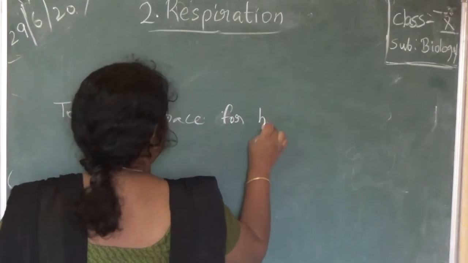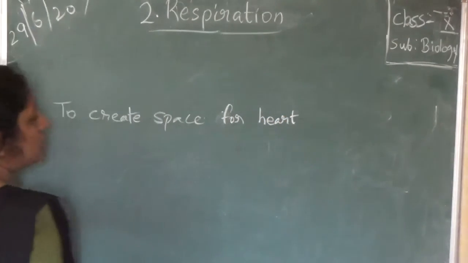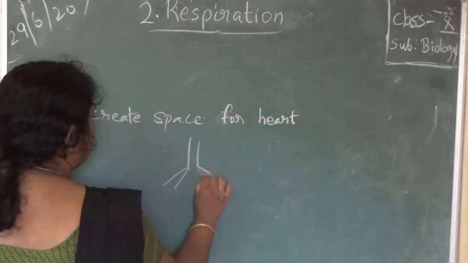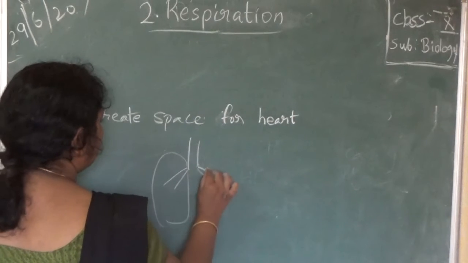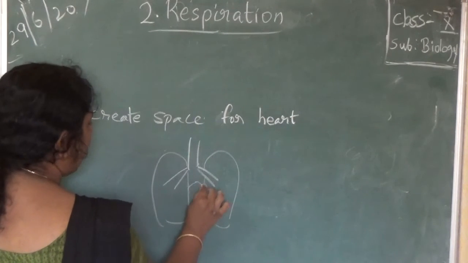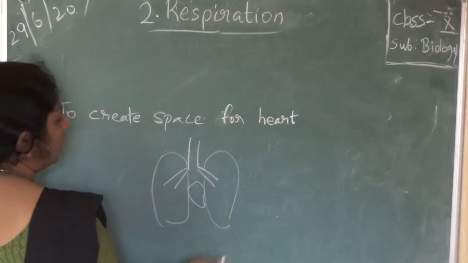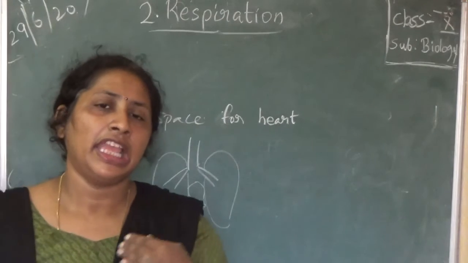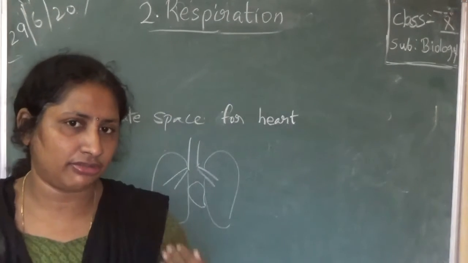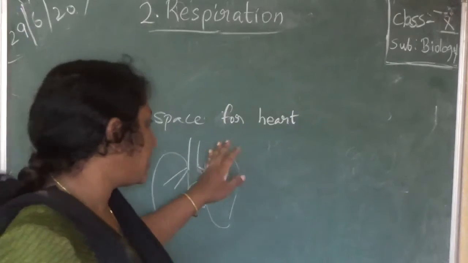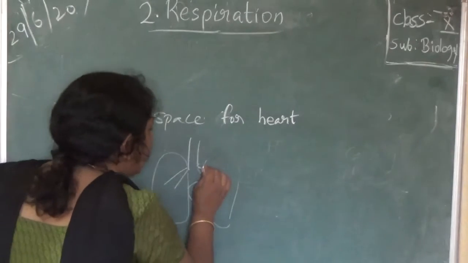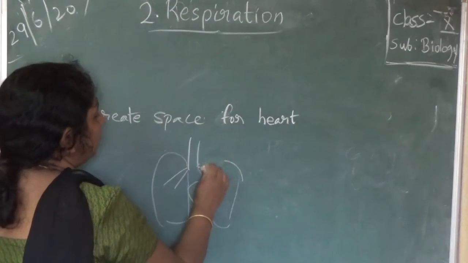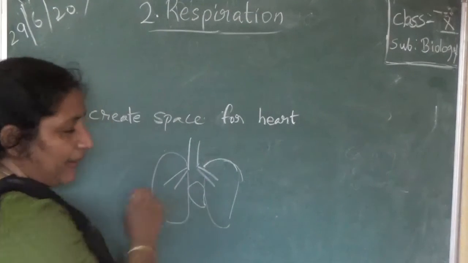What is that? The heart. In between the lungs we have our heart. The major portion of the heart is present towards the left side. So that's why the left lung is slightly smaller than the right lung, to create the space for the heart.